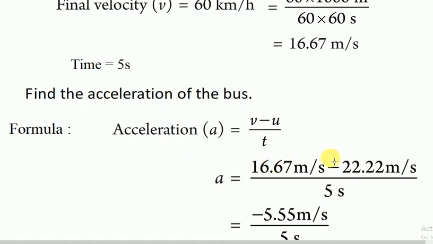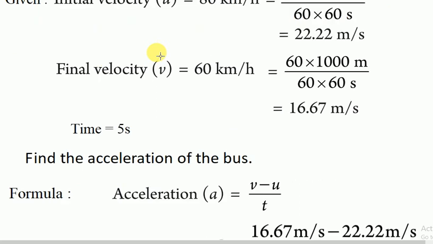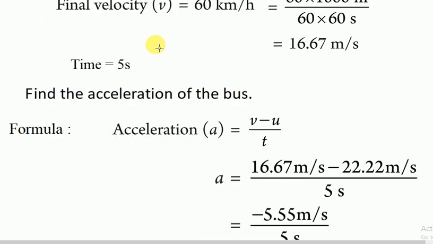So the initial velocity of the bus is 22.22 meter per second. Here in this case the initial velocity is greater than the final velocity, as there is a decrease in speed, and we have learned that whenever there is a decrease in speed with respect to time, the physical quantity is referred to as retardation, deceleration, or negative acceleration.